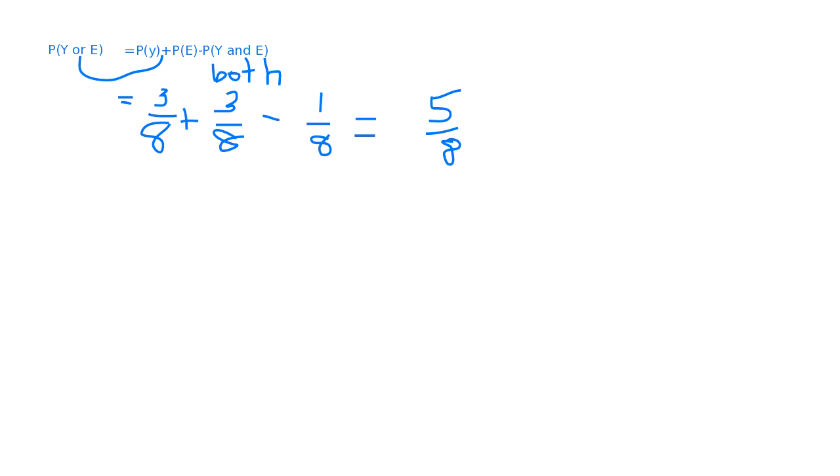So the question on the piece of paper, number 1, is the probability you get a green or even. So that would be the probability that you got a green plus the probability you got an even, minus the probability you got a green and an even. I'm going to let you work this one out before we move on.